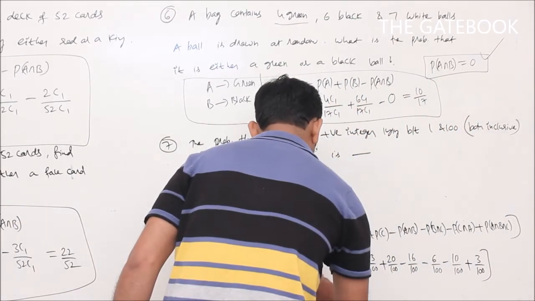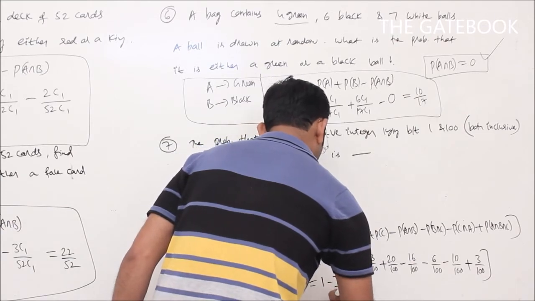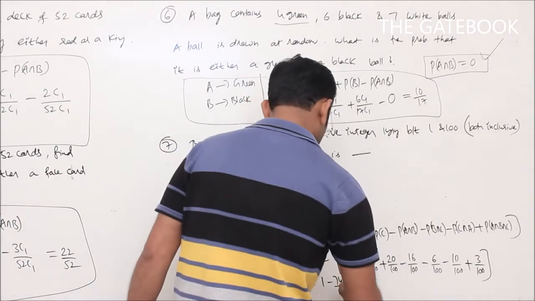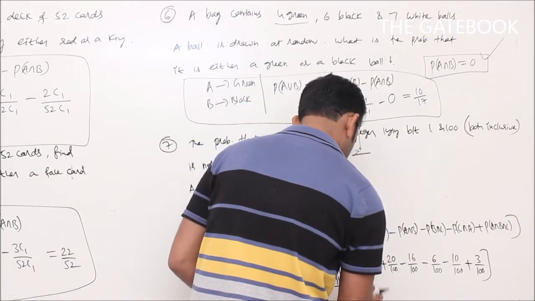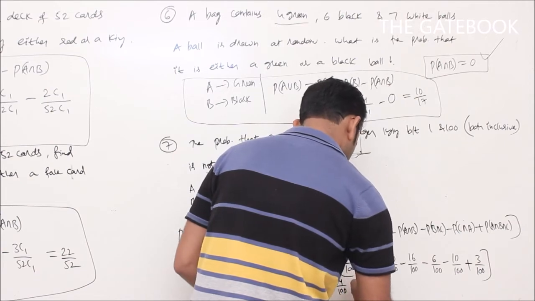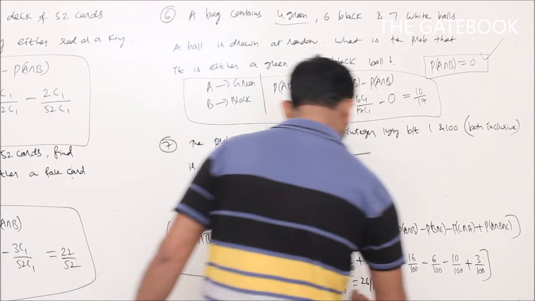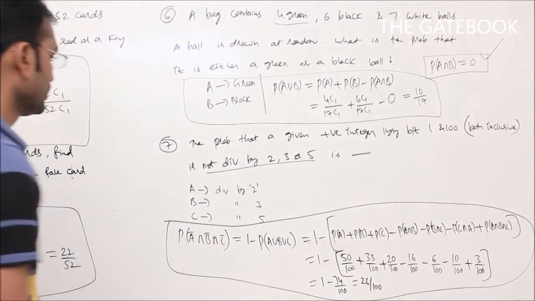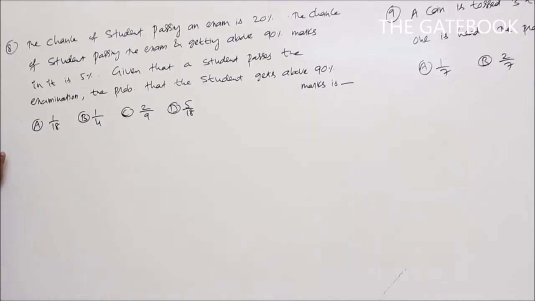So we'll get 1 minus 74 by 100. Simplify this, that is equal to 26 by 100, which is the final answer. So this is the answer for that seventh question, 26 by 100.